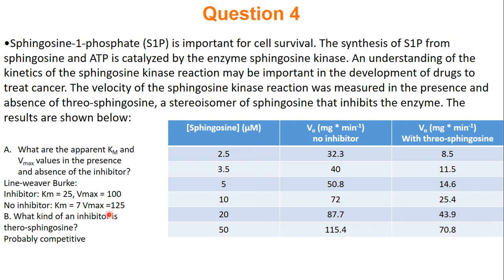So based on real world data, this could be competitive, where we are just seeing some fluctuation in the Vmax numbers. Or it could be mixed as well, because we are seeing a lowering of the Vmax and a change of Km, which does fit our model of being uncompetitive as well. So either one of those is an acceptable answer.